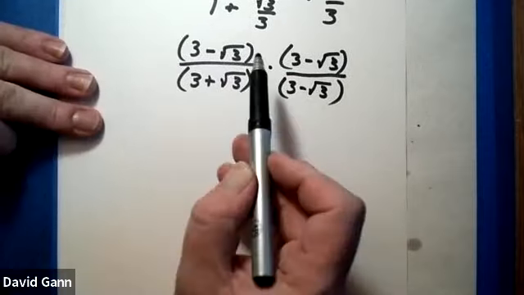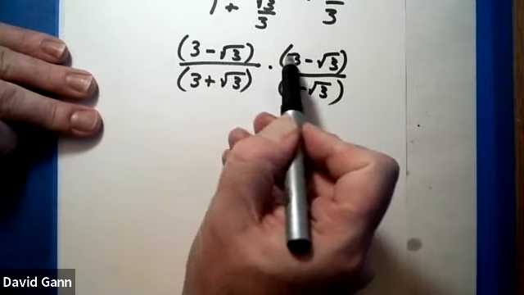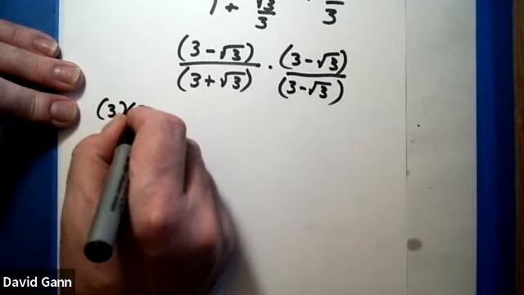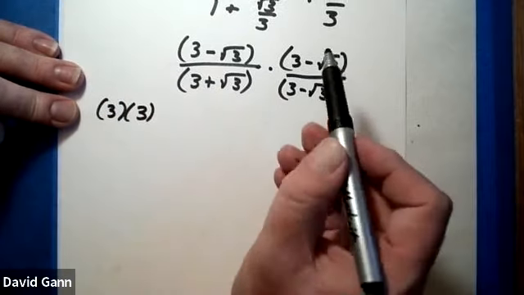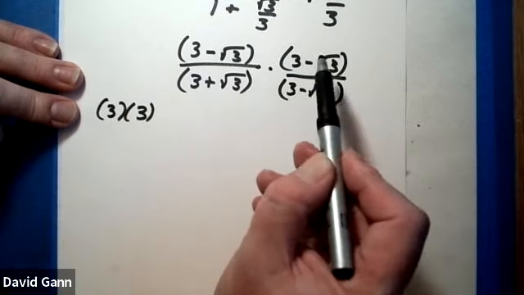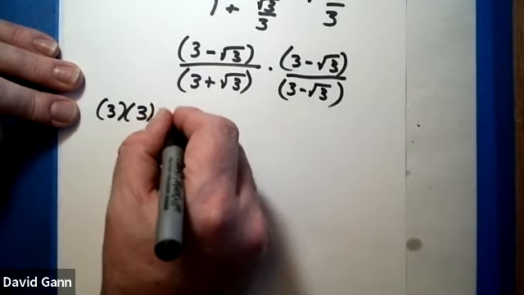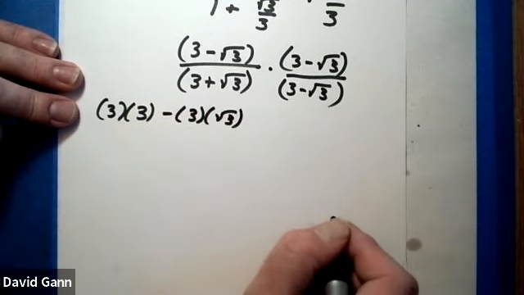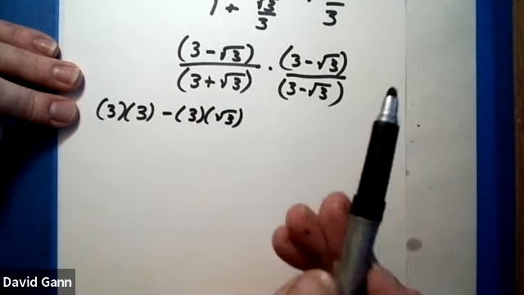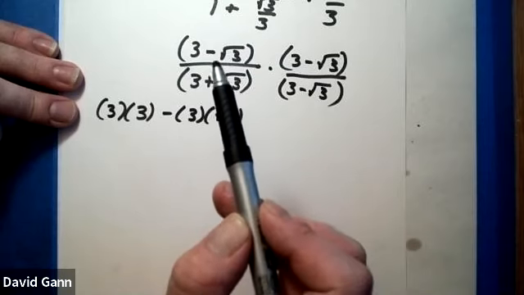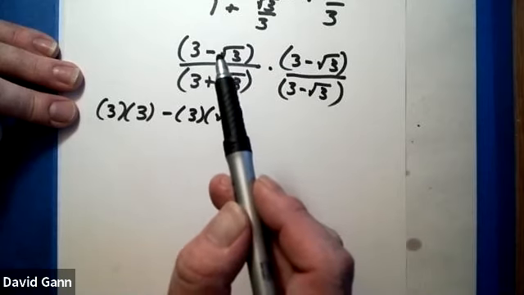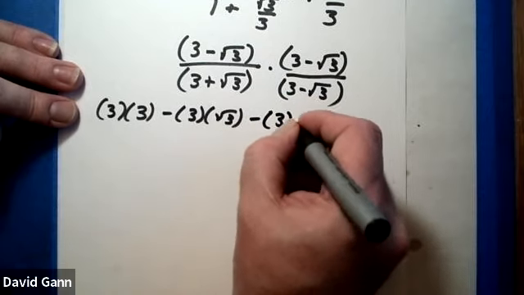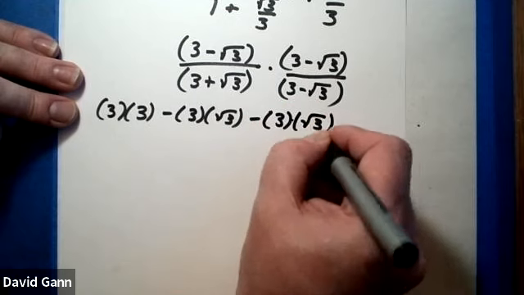So let's start with the numerator. Let's FOIL this out. First is going to be 3 times 3. Outside, 3 times negative square root of 3, so minus 3 square root of 3. Inside, we're going to get another 3, negative 3 times square root of 3, so negative 3 times square root of 3.